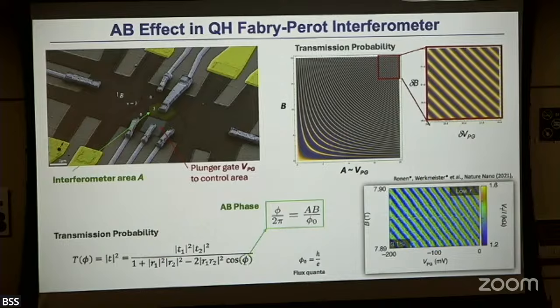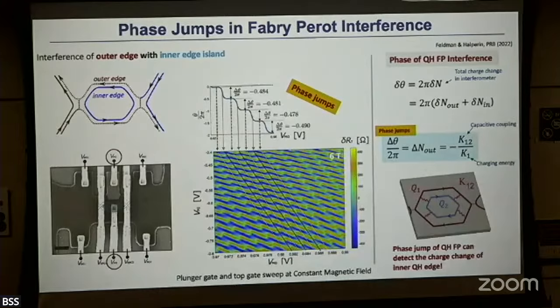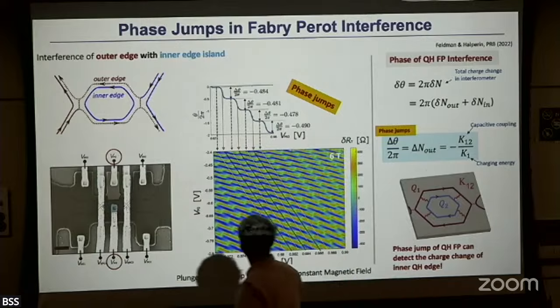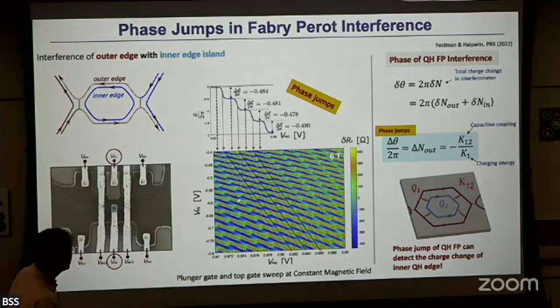No. I think phase slip is exactly related to the charge state inside of the cavity changing, right? So that's the point I'm trying to make. And maybe I'd better use this one to explain. You can do the following analysis: along this phase slip, you can see how many phase slips you get here, right?